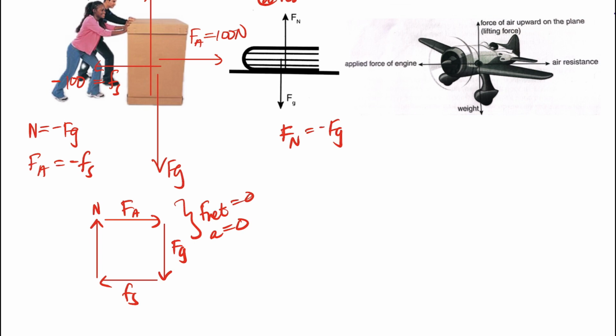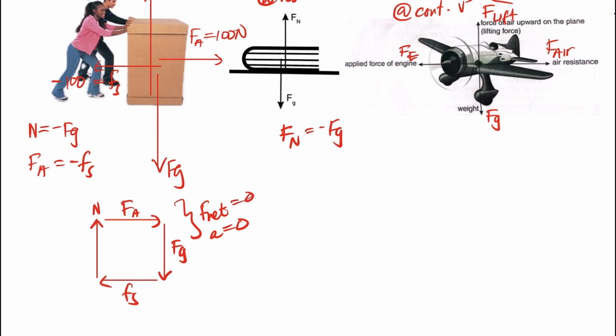So we have a force applied, which is the force of the engine, Fe, then we have the weight, the lifting force, and then the air resistance. So those forces are balanced, guys.